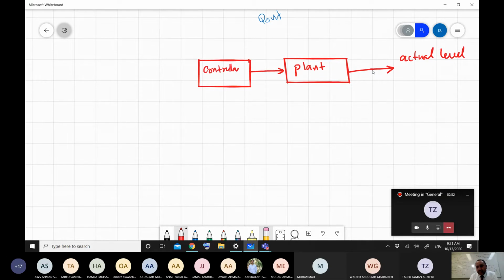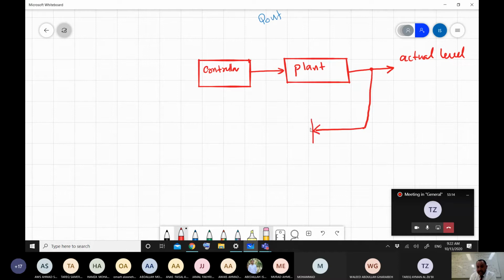Now, the first question, did I measure the actual output, yes or no? Yes, I did measure the actual output. Actually, the floating ball is measuring the actual output.